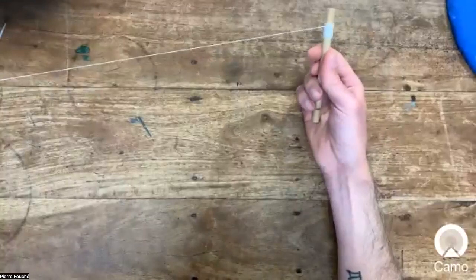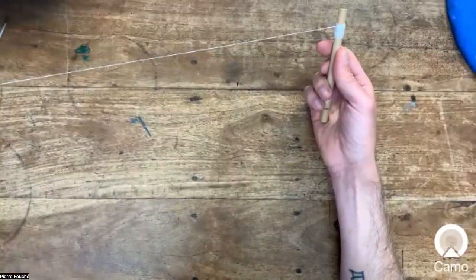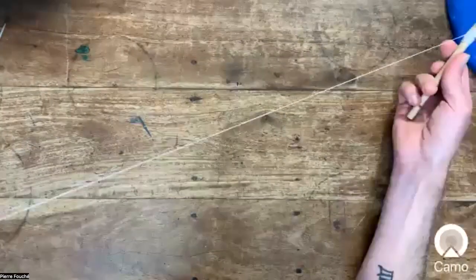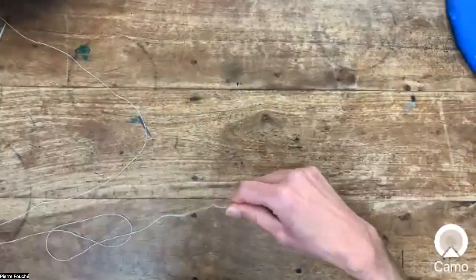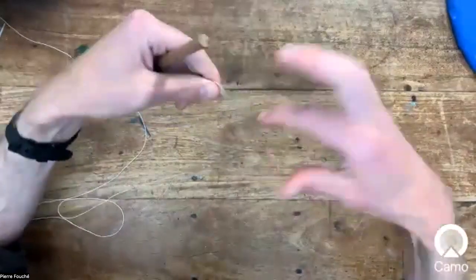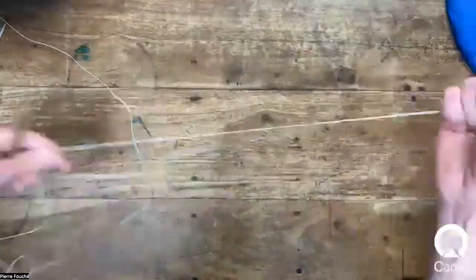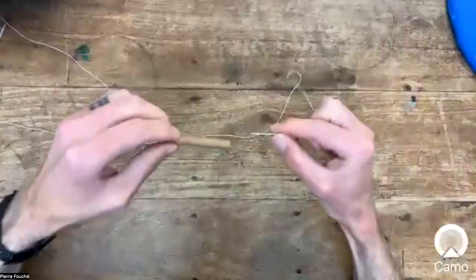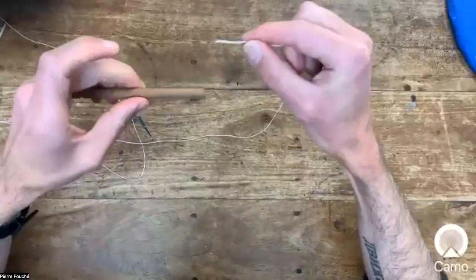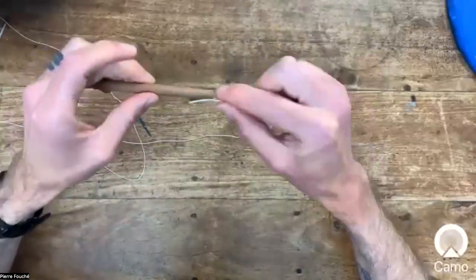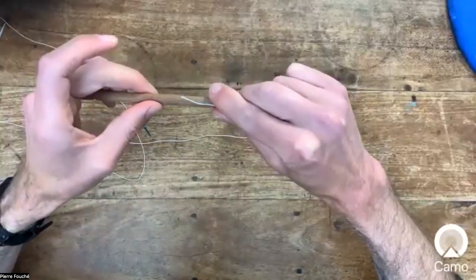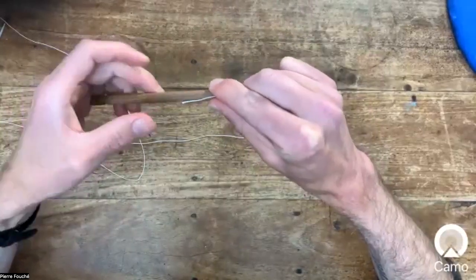Let's wind the other side of the thread to the second bobbin so that we have a nice pair. Okay, hold the bobbin in your right hand. Put the end of the thread just near the top.